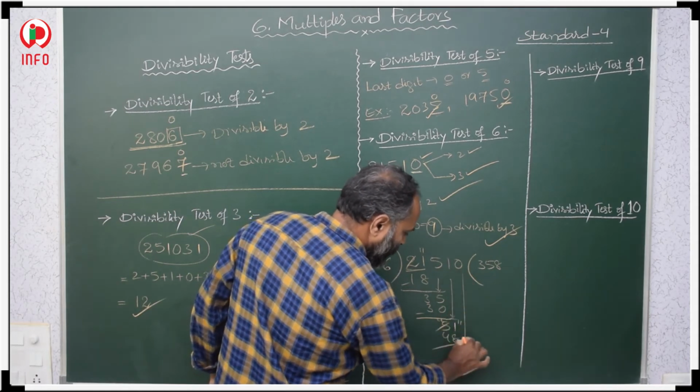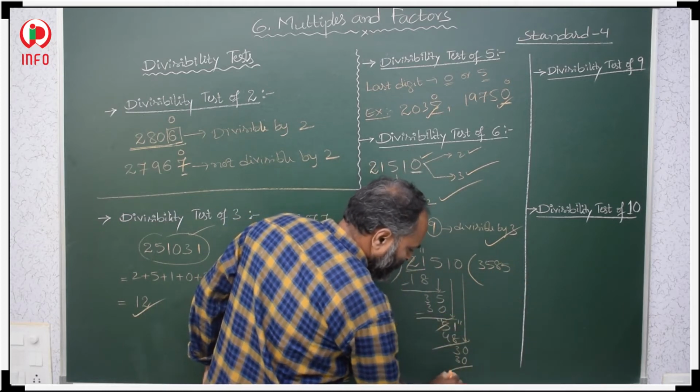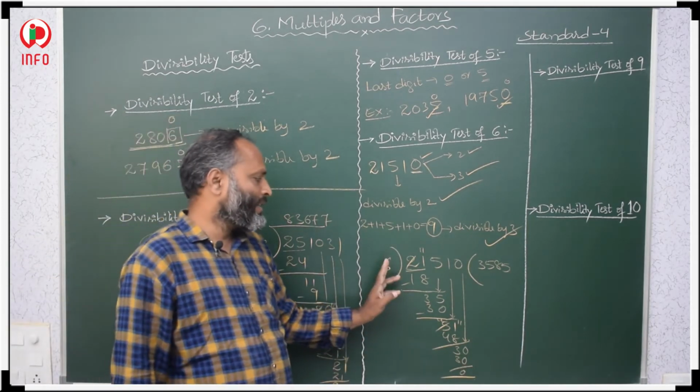Then bring down 0, making 30. 6 fives are 30, and the remainder is 0. So it is divisible by 6.